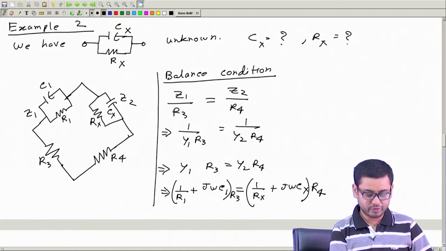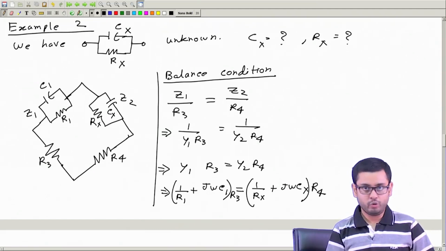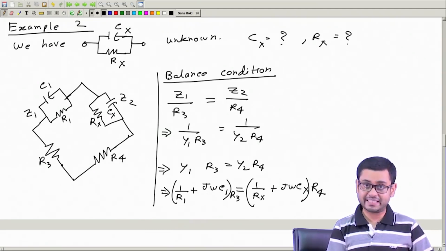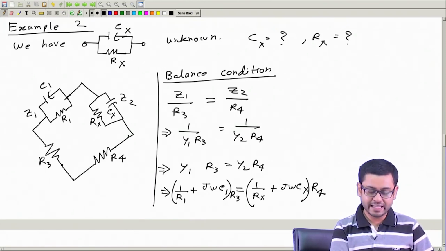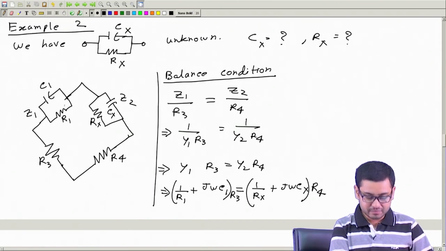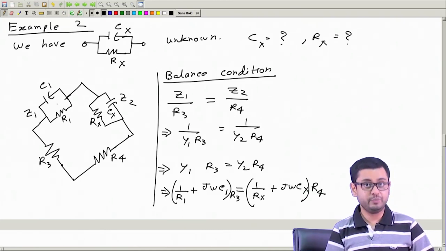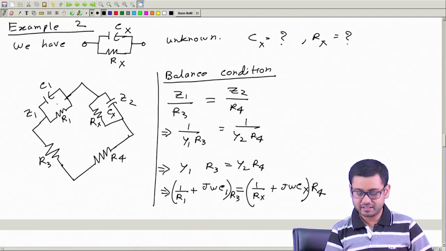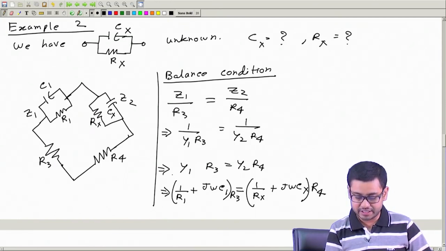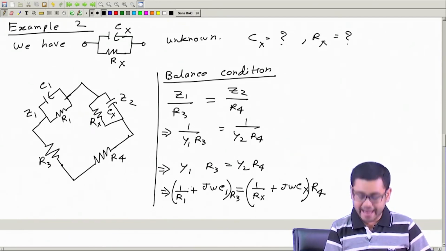And when things are in parallel, admittance get added. When things are in series, impedance get added. So, when dealing with parallel combination, it becomes easier to write things in the form of admittance.